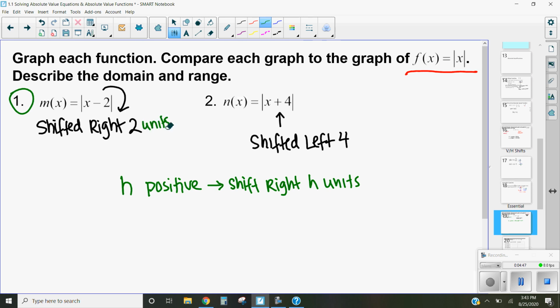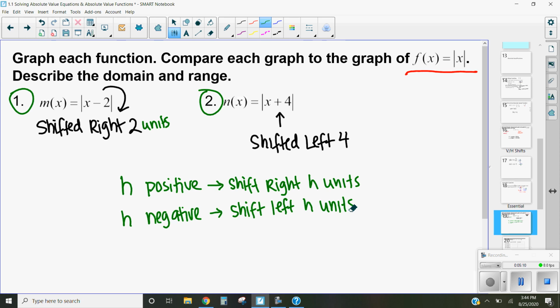It would be inches, but our graph doesn't have a label. Similar with number 2 here, we see that when h is negative, we are going to shift to the left h units. So depending on whether h is positive or negative, that's how we shift it.